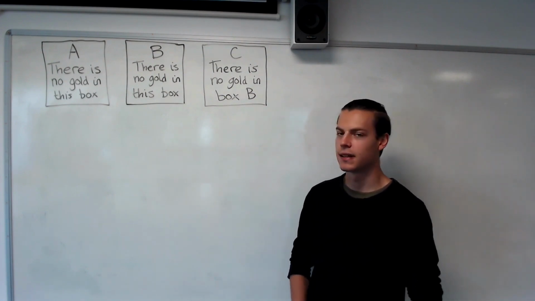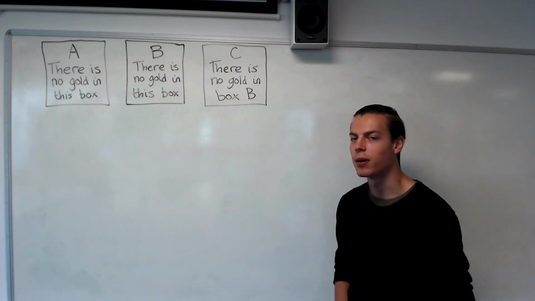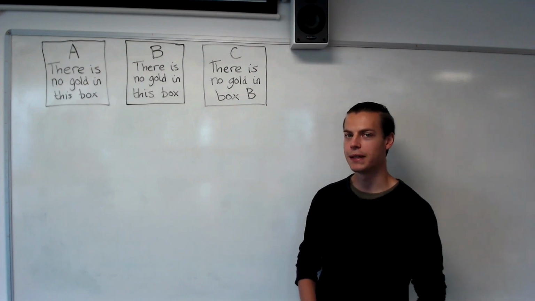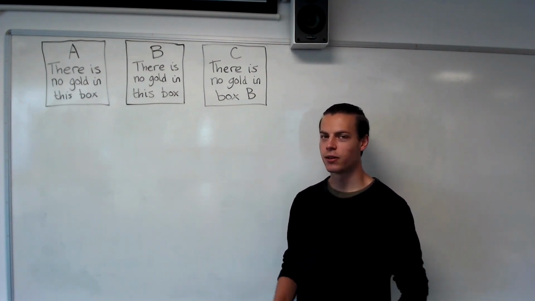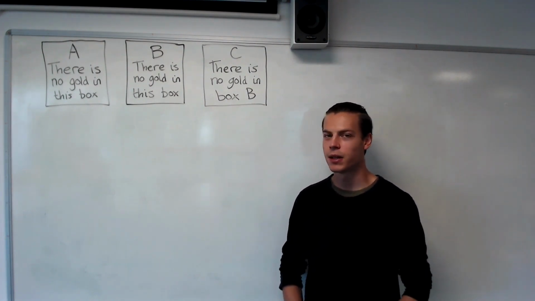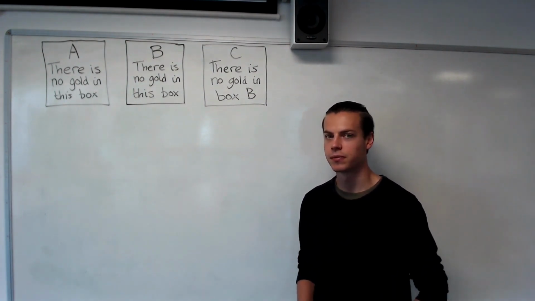So box A says there is no gold on this box, box B says there is no gold in this box, and box C says there is no gold in box B. Now, we are also given that exactly one of the three statements is true, and we want to determine whether or not there's gold in any of these boxes.